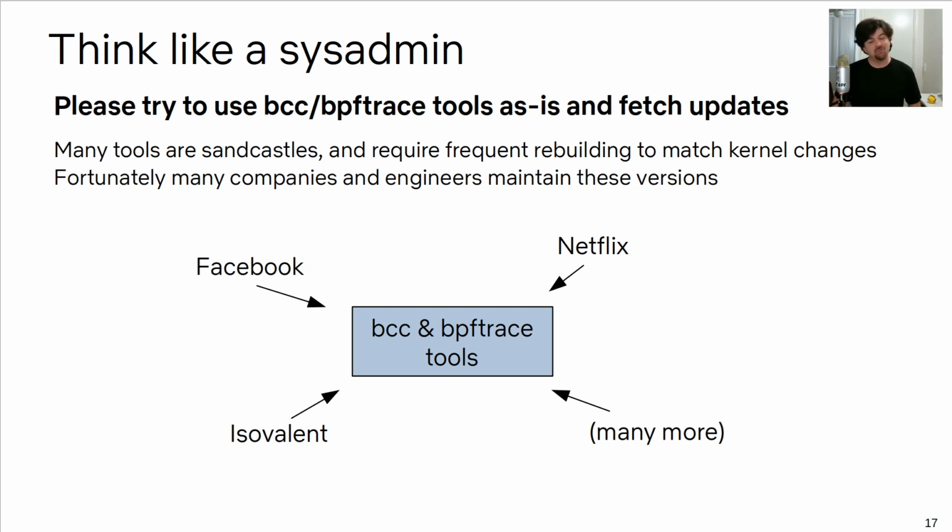If you rewrite these tools, which you can do, you will then have the burden of having to update them all the time. If you can, try to use the upstream versions like we're doing at Netflix. And those upstream versions, the BCC and BPF trace tools, they are updated by the BPF engineers at Netflix, Facebook, Isovalent, and many more. So they're really the best. They're the standard tools.